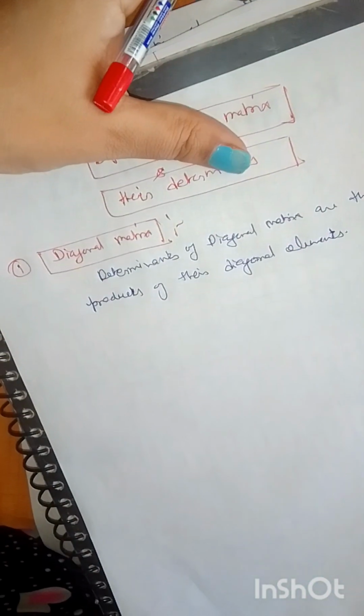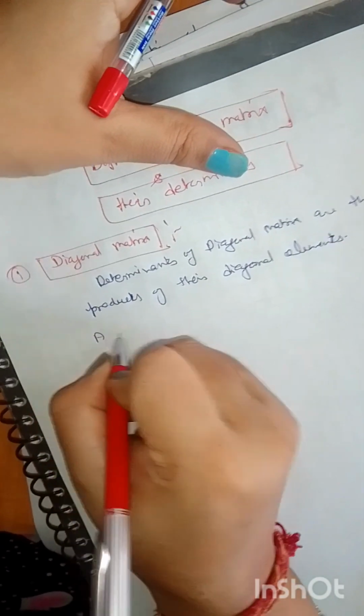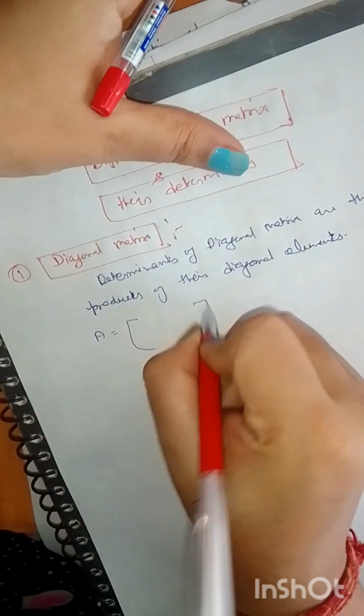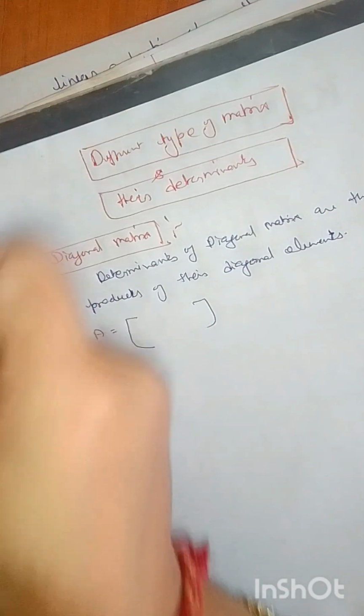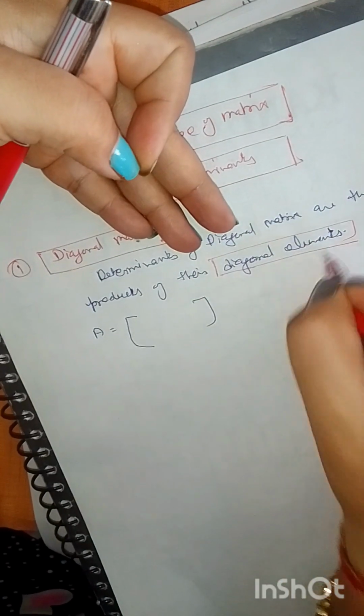What does that mean? Let's suppose this is the matrix A, and now non-technical students would ask what are diagonal elements.